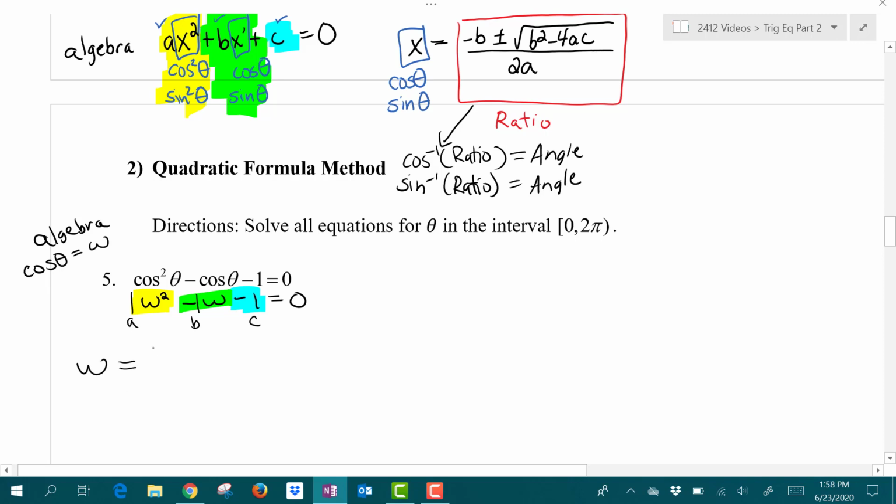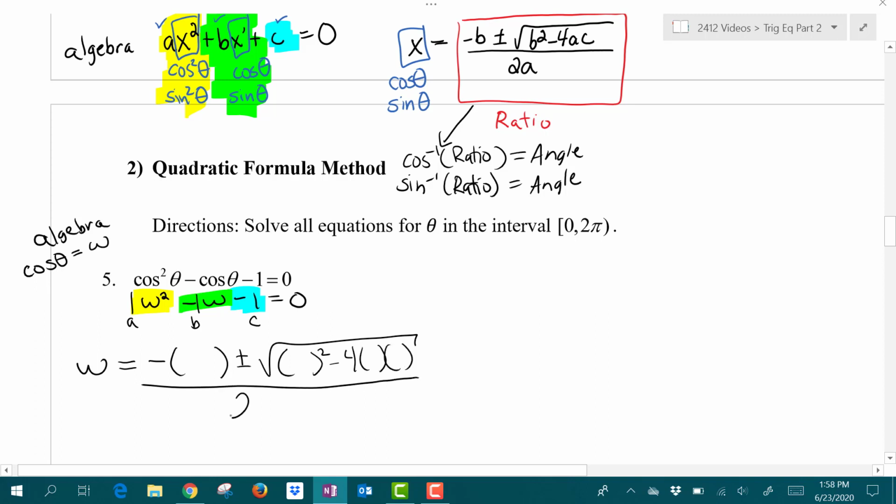W is equal to negative b. I'm going to put parentheses right now everywhere I see a letter. So negative parentheses plus or minus square root. I'll have parentheses squared. That's my b squared minus 4 times a, put parentheses, times c, I'll put my parentheses, all of that divided by 2 times a, parentheses.